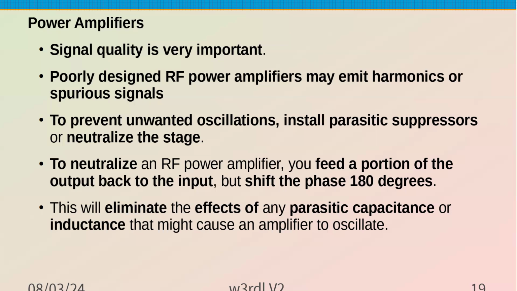Oscillations, because one of the best ways to build an oscillator is to build a high gain amplifier, and it's almost guaranteed to oscillate till you make the changes. One of the things you can do is install parasitic suppressors, which would be some inductance usually, or ferrite beads, to reduce some of the parasitic oscillation, or neutralize the stage where you use negative feedback.